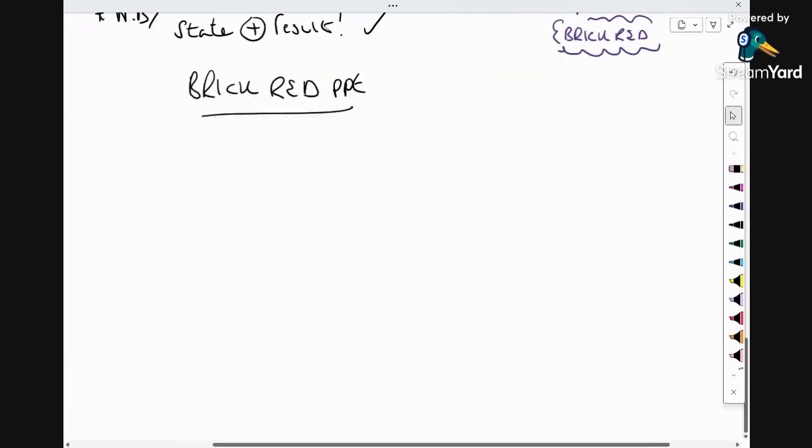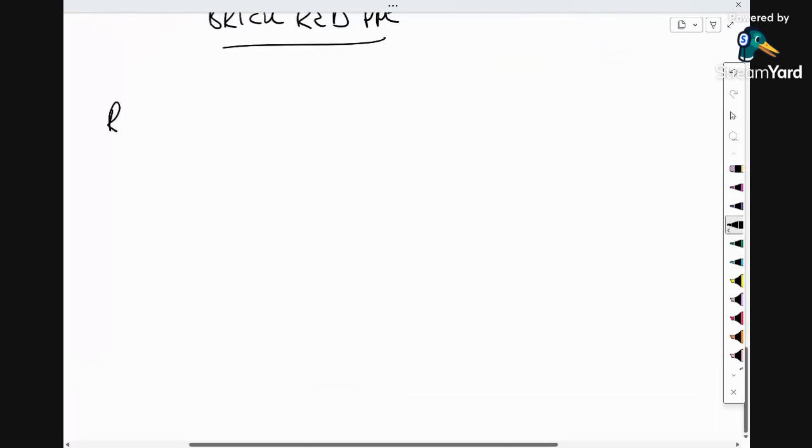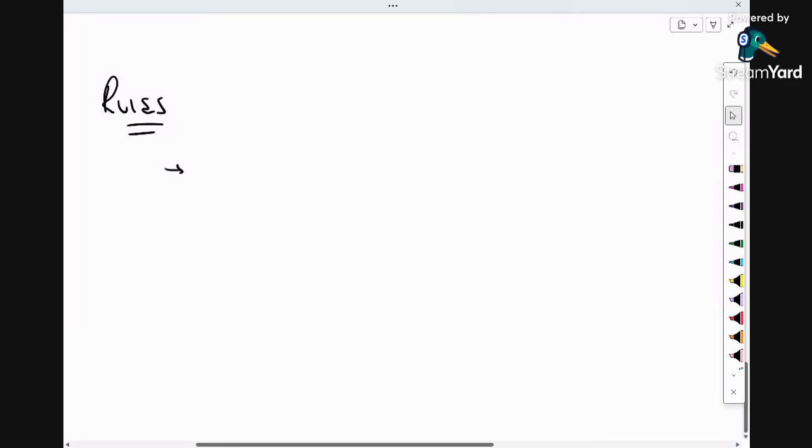Now, I'm going to give you some rules. Very easy to remember rules, which is, what is a reducing sugar? How do you know? Well, as we've seen, all monosaccharides that we've come across are reducing sugars.